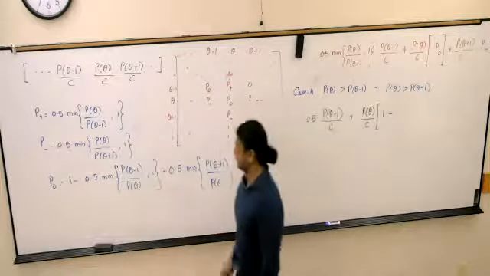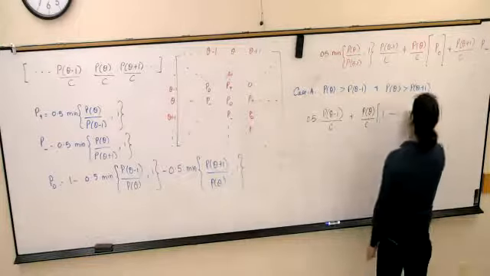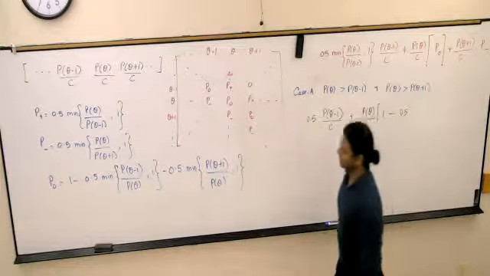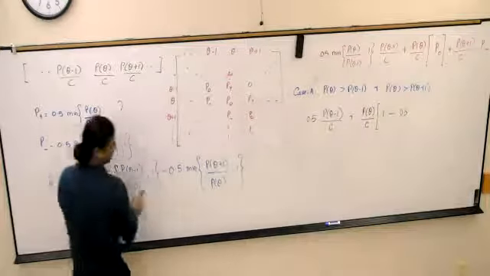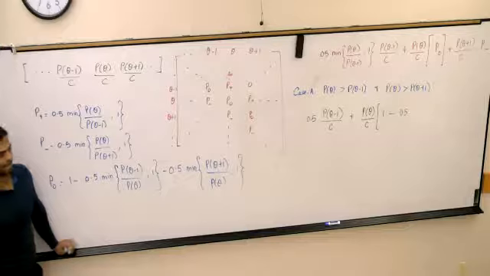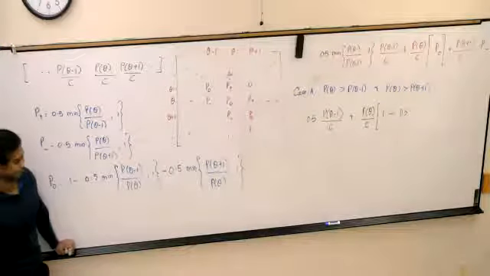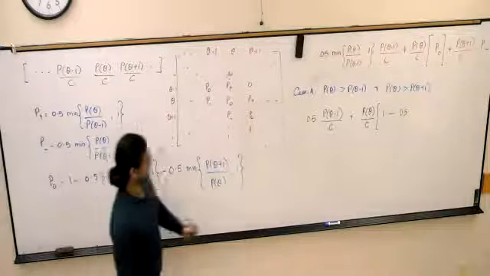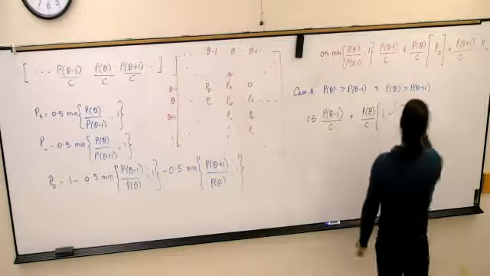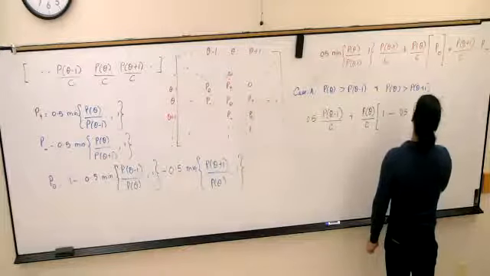P0, well, I've got 1, so 1 minus 0.5, what do you think would happen here? The minimum would be P of theta minus 1 over P of theta. So it's P of theta minus 1 over P of theta.